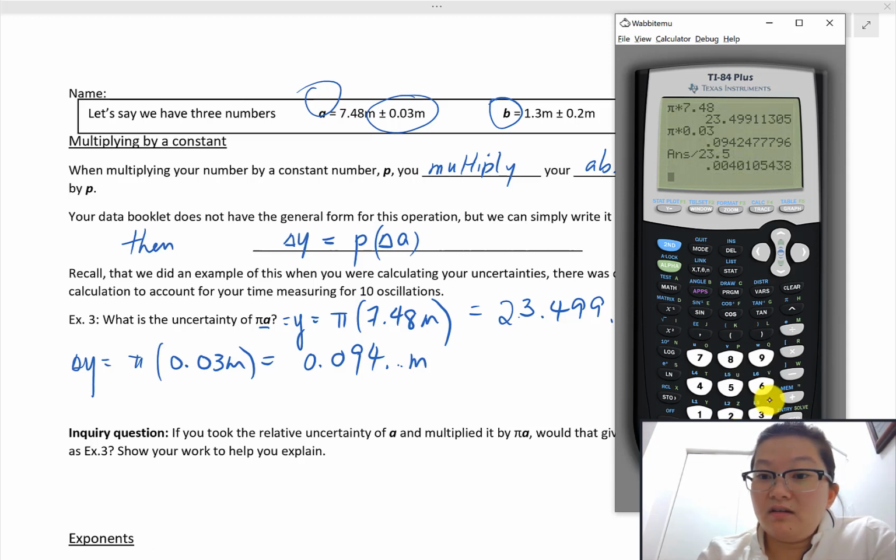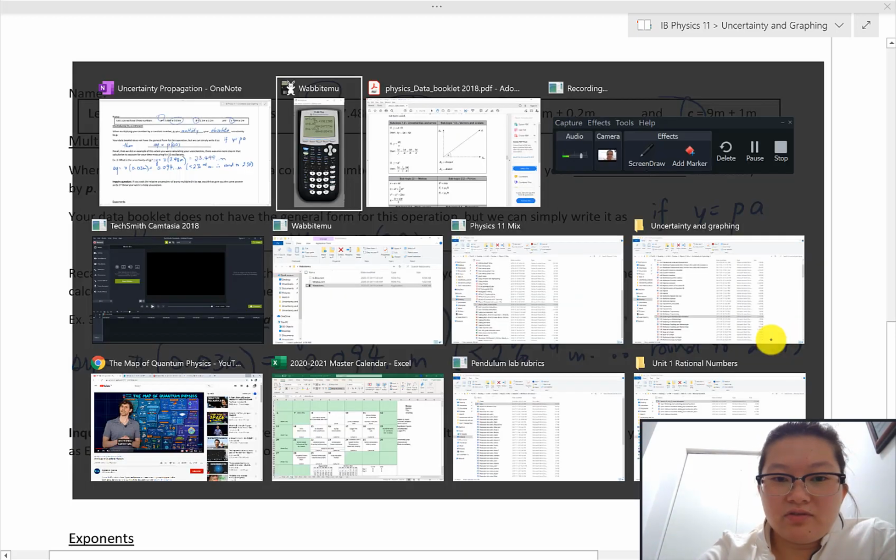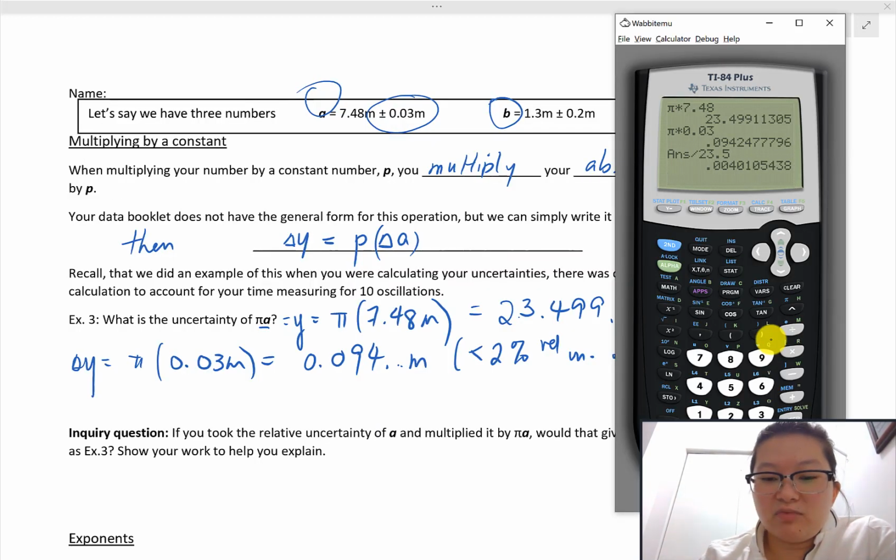Oh, hey, look. This one is actually less than 2% relative uncertainty. So we actually have to round this to two significant figures. I'm going to write a note here so we remember. Because of that, I'm going to have to round it off to two significant figures because it is smaller than 2% relative uncertainty compared to our original number.